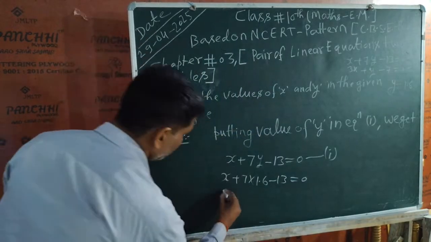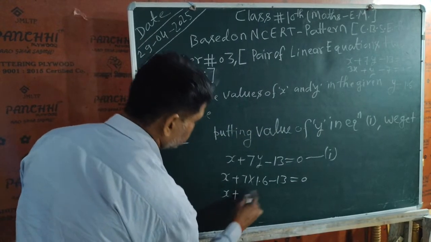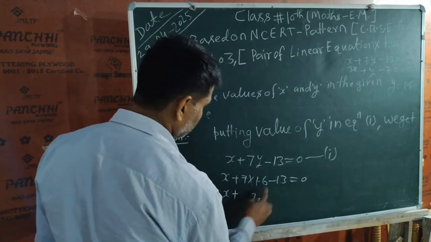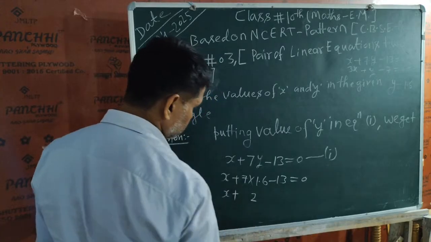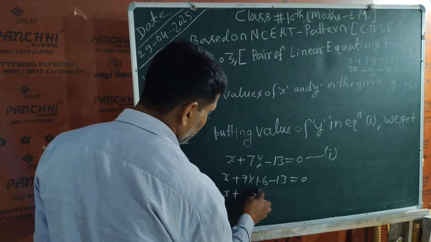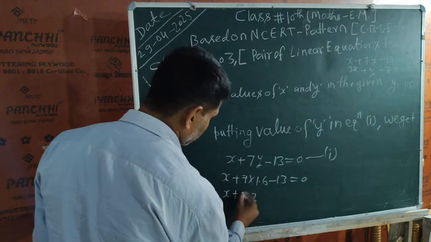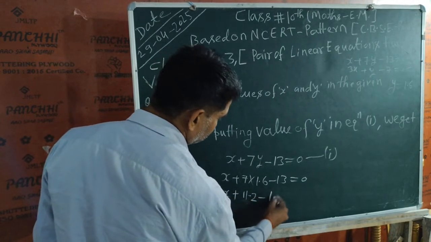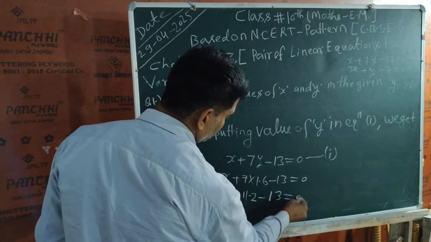Again I will simplify it. 7 times 6 is 42, 7 times 1 is 7, plus 4, that will be 11.2, minus 13 which is equal to 0.